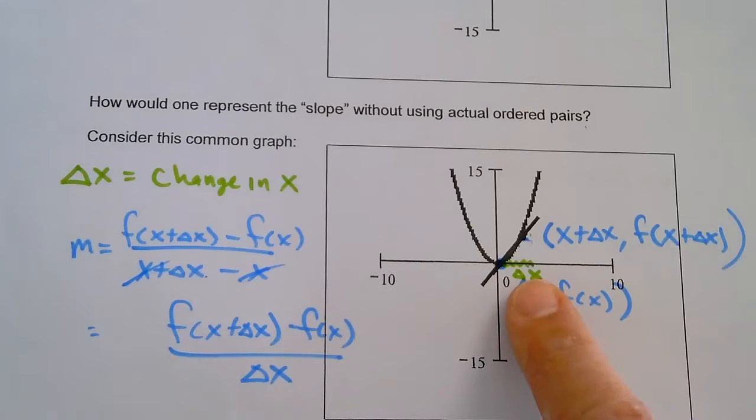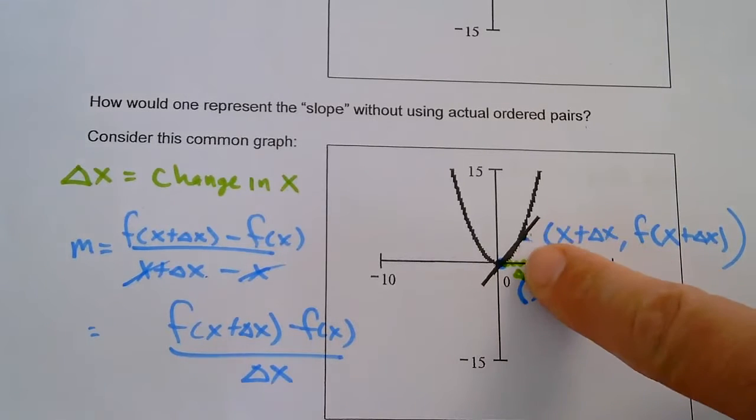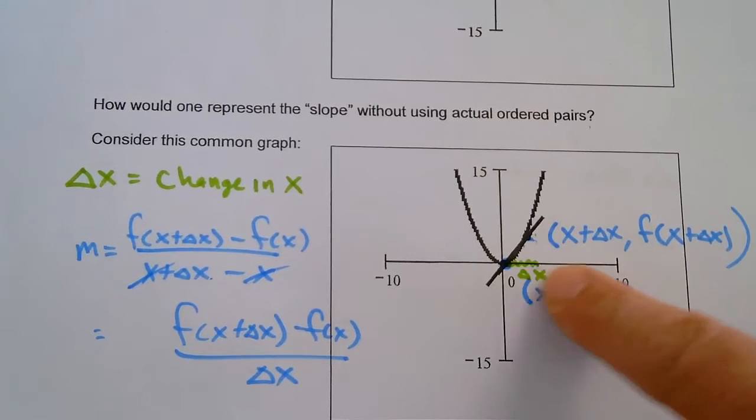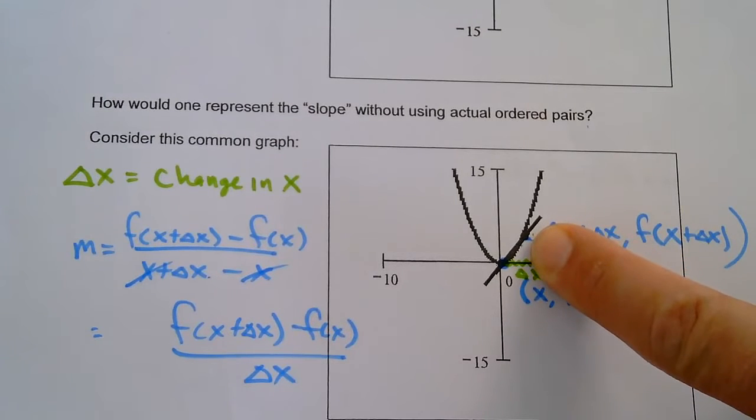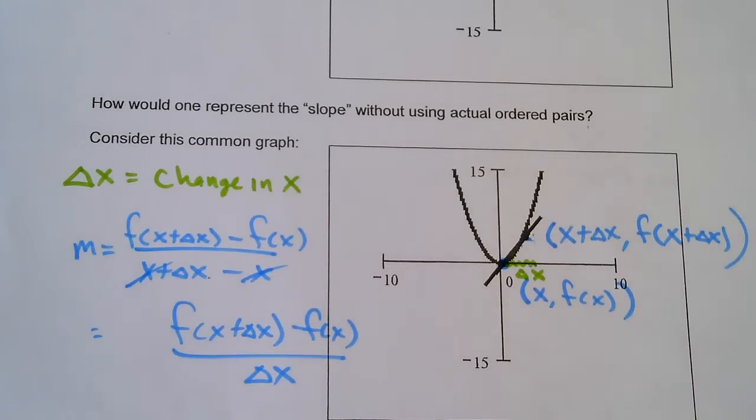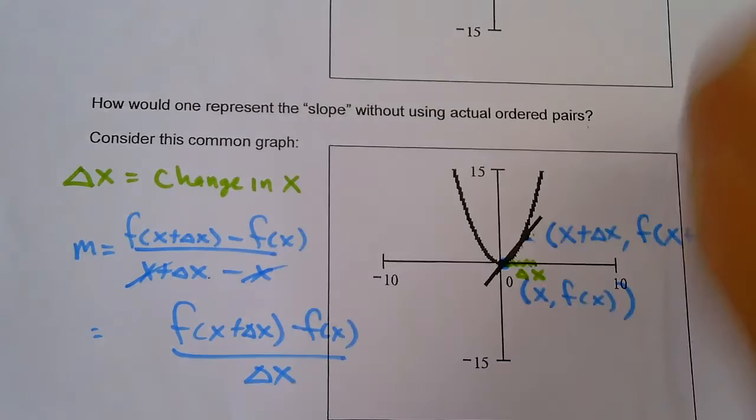Well, if I'm going to find the slope of that line, I want that delta x, that difference between these two, to be very, very small. We want that delta x to get smaller and smaller, almost to the point where it's 0. And they say, hey, that's kind of like a limit, using a limit process.